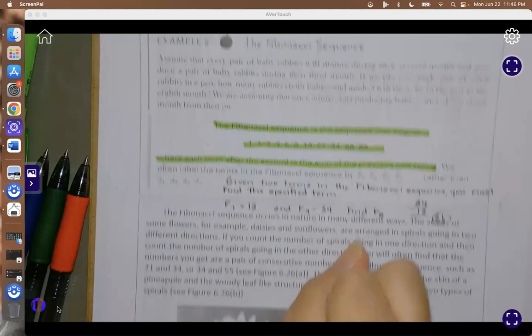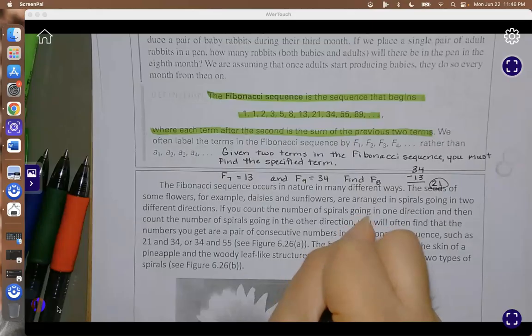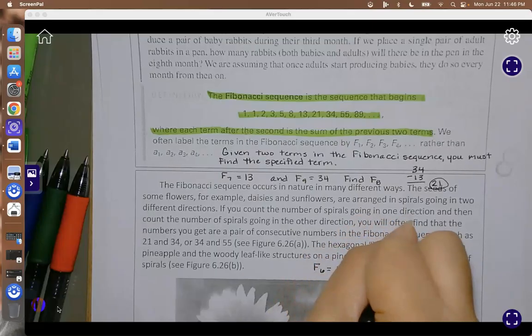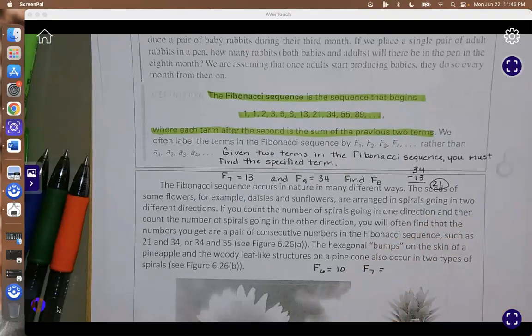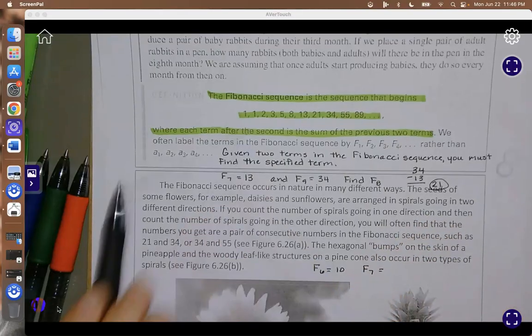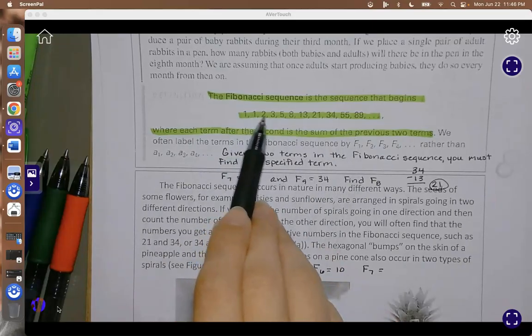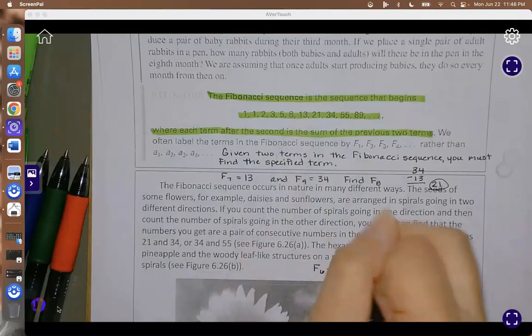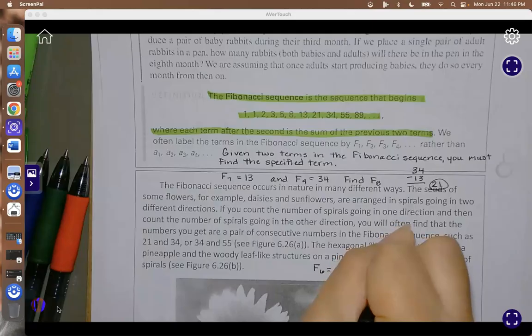You could also be given two numbers side by side. Let's say, what is f of 6? 1, 2, 3, 4, 5, 6. Okay. F of 6 is 8.